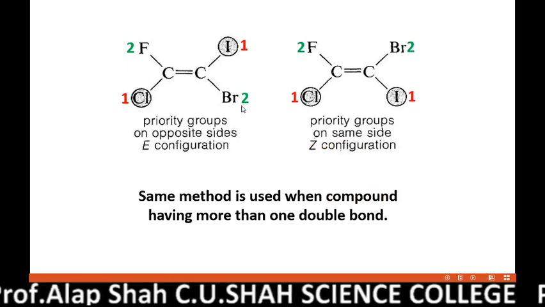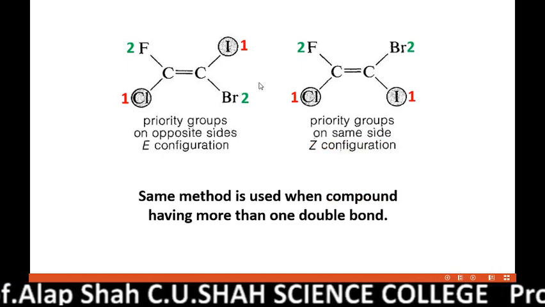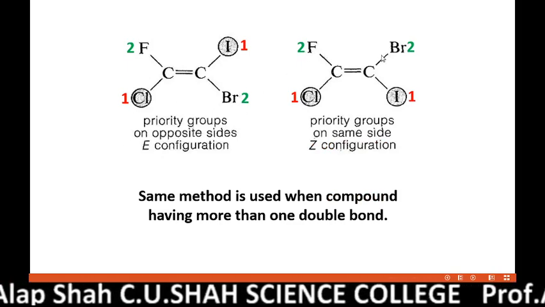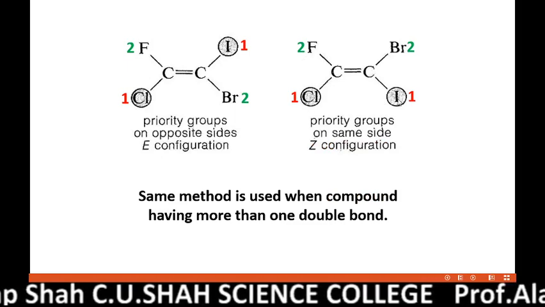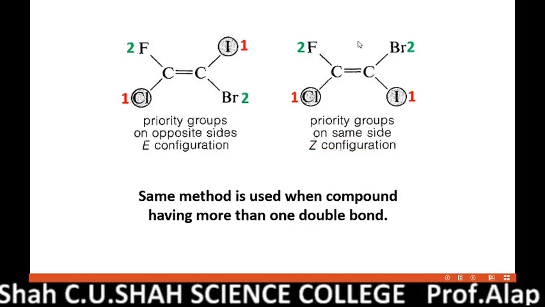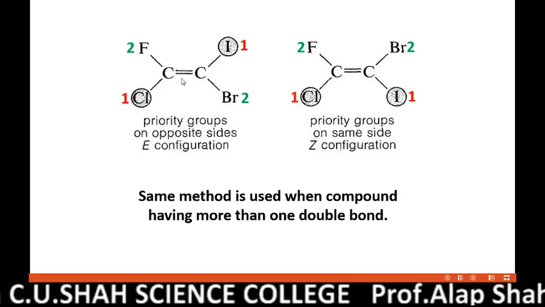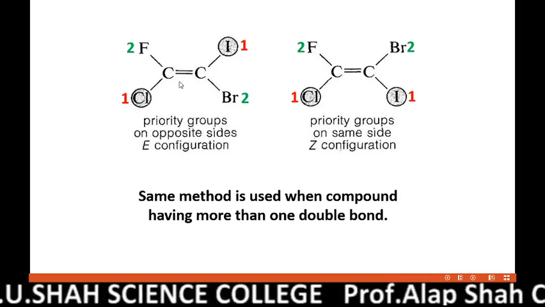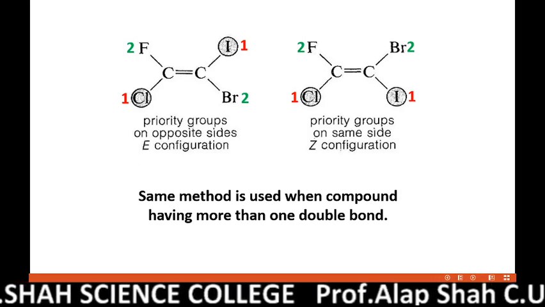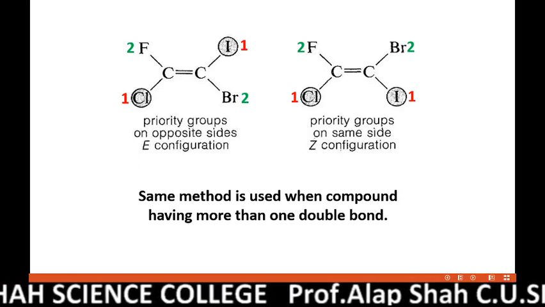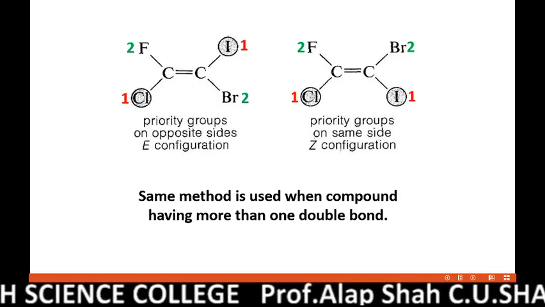Here we say groups with the same priority at the same side. One group at the same side, two group at the same side, and equally priority groups diagonally across. So this is the way you can remember EZ nomenclature. It is very easy. Let me tell you one more thing.